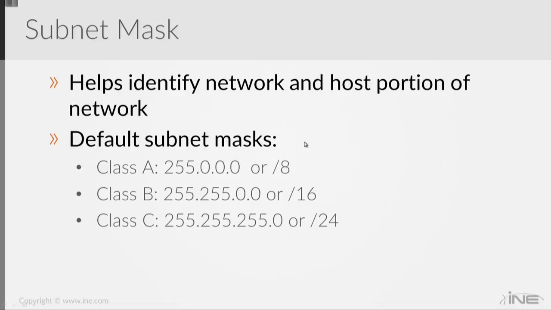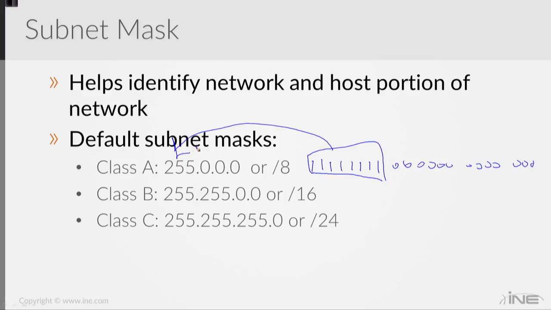Remember, a /8 means this. It means in dotted decimal 1, 2, 3, 4, 5, 6, 7, 8. It means the first 8 bits are networking bits, and then everything else is not. So this number right here is 255. That's one of those numbers I said you need to memorize.